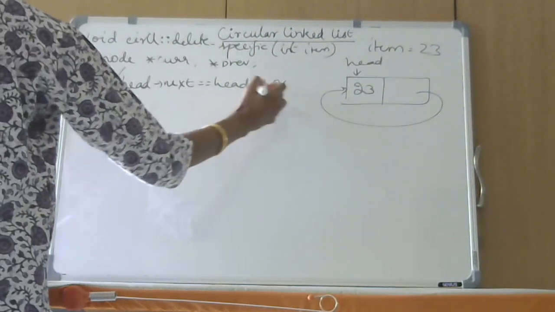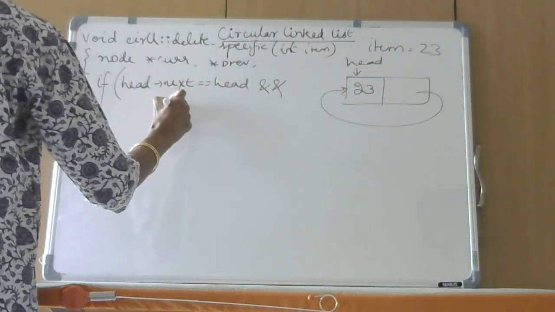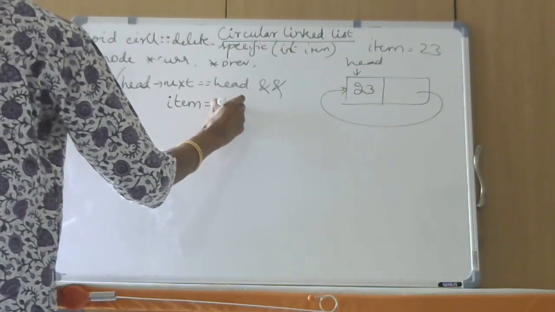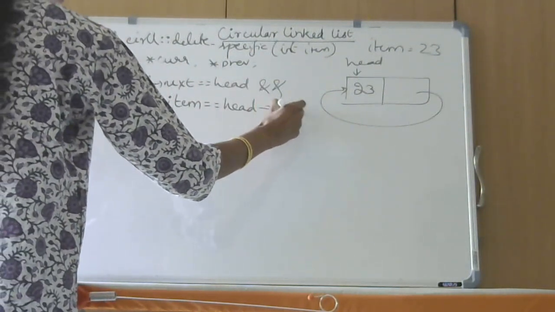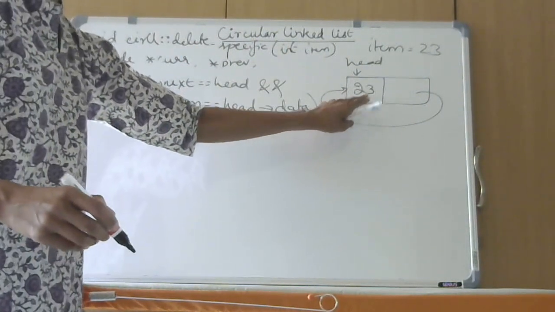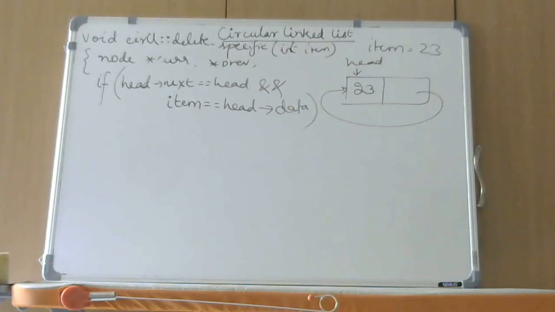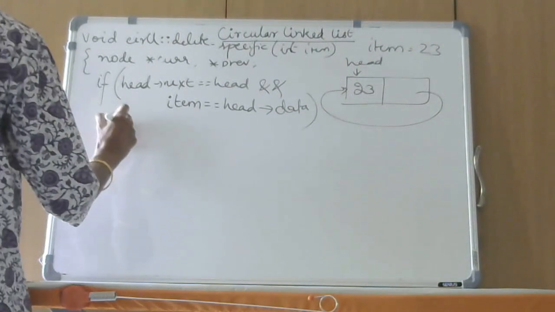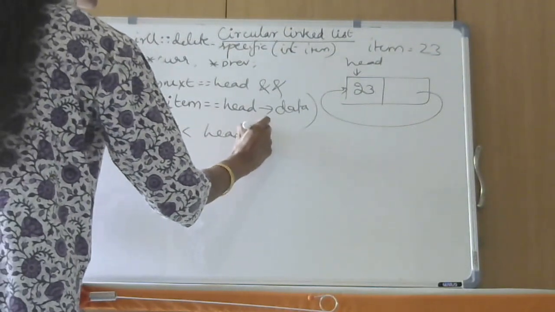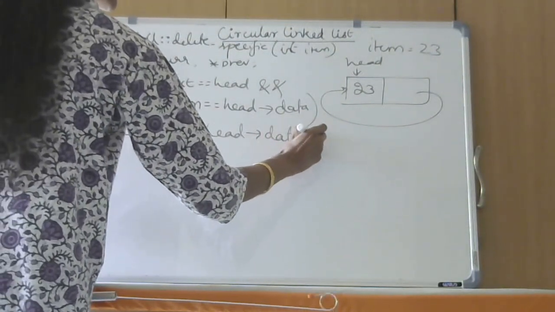So we check if head of next is equal to head and the item we have accepted is equal to head of data. That means you have only one node and I want to delete that node only. Then I display what we have to delete, which is head of data.